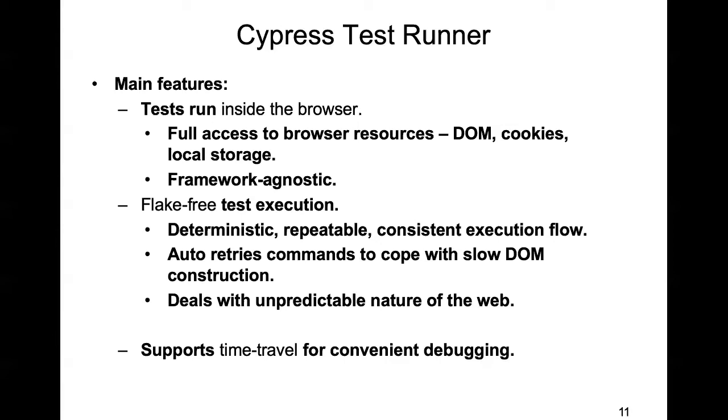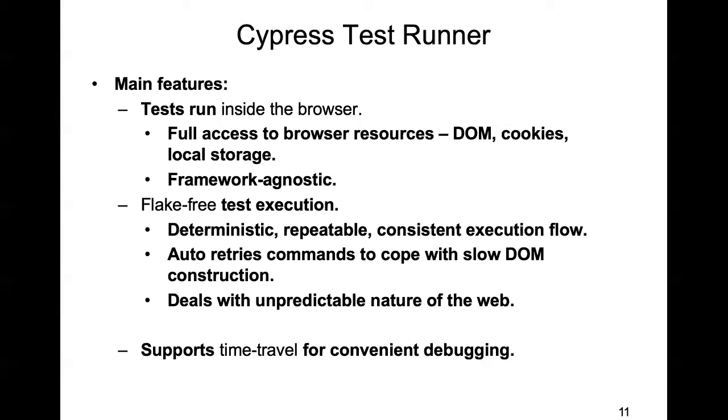Notionally, anyway, we're saying that Cypress is flake free. You see, because your tests are running in the browser, and the browser is inherently an asynchronous execution environment, that introduces a lot of uncertainty or lack of deterministic characteristics.